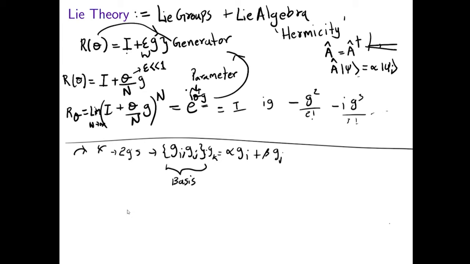The reason this is so helpful is because there are always a finite number of generators, whereas there are an infinite number of group elements, and these generators usually form what is called a generator algebra, or a Lie algebra. Usually this is something that you would see in the groups that we're dealing with.